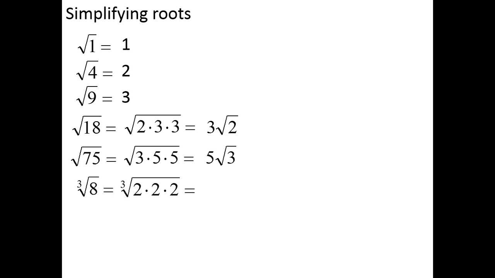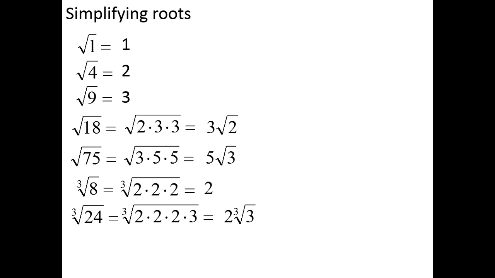So the cube root of 8 is 2. 24 is not a perfect cube, but it does have a perfect cube factor. 24 is 2 times 2 times 2 times 3, and those three factors of 2 make a perfect cube factor of 8. So the cube root of 24 is the same thing as the cube root of 8 times 3, which is 2 times the cube root of 3.